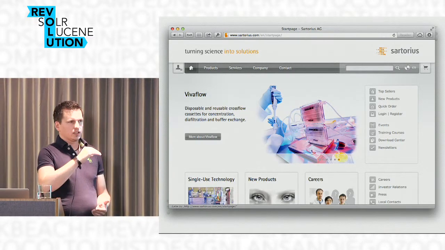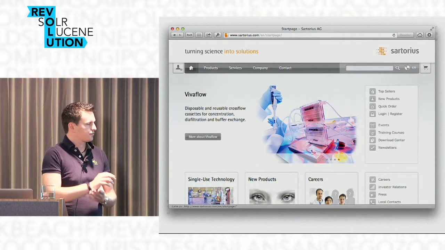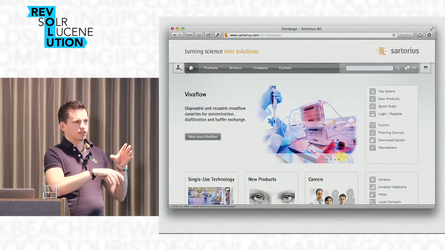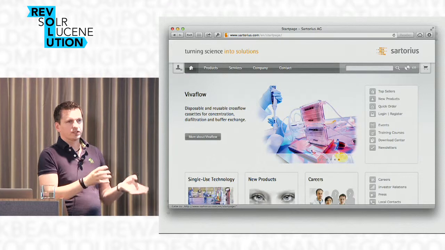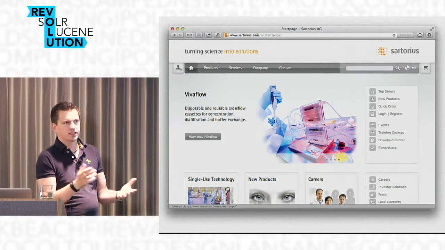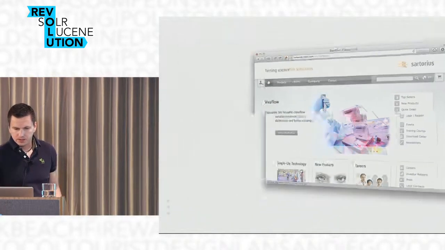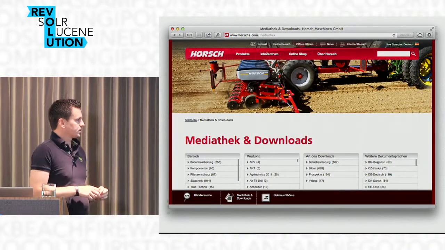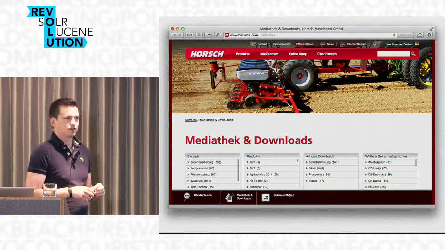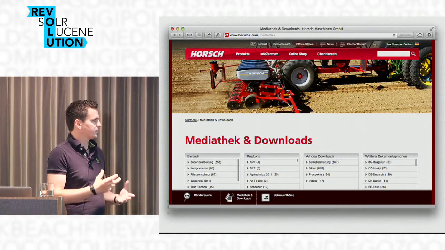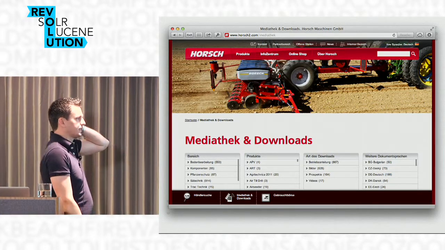So we have lists of products that you can filter, you can sort, and we use facets for that, or sorting, or other stuff like that. So another use case where we didn't use Solr solely for searching, but also rapid application development, basically.